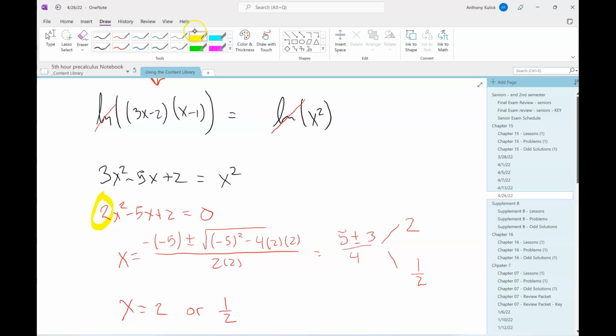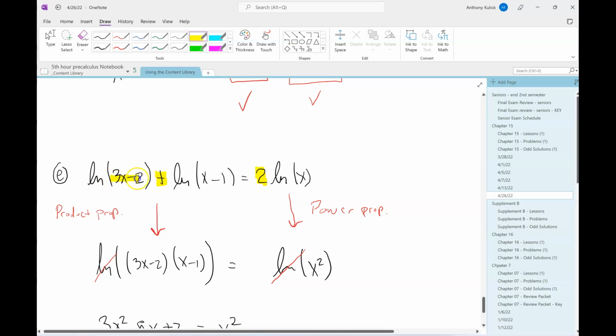We have to check. So if I take 2 and I go back to the very beginning, if I plug 2 in, 3 times 2 minus 2 is positive. 2 minus 1, positive. 2, positive. That one works.